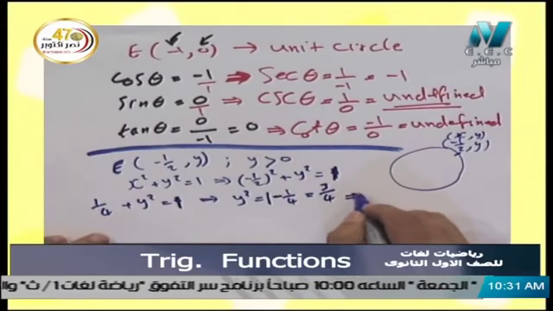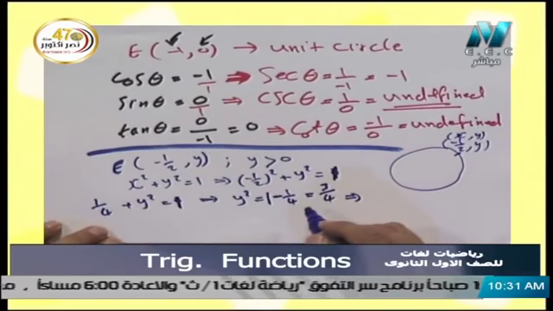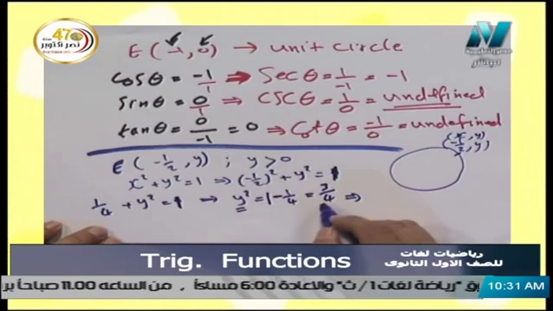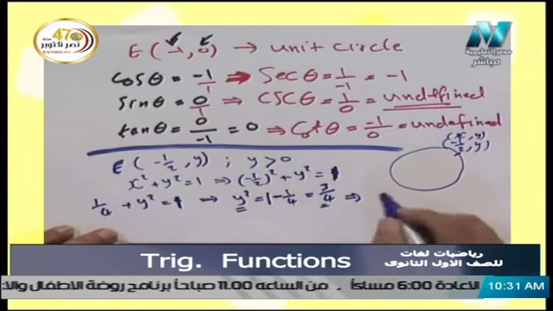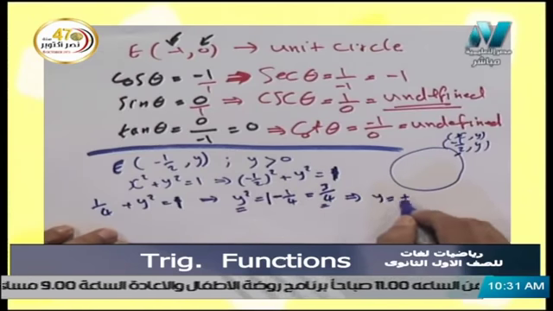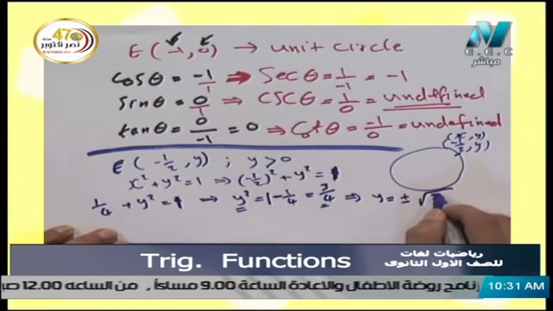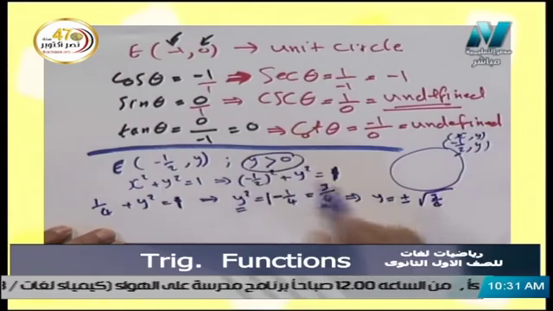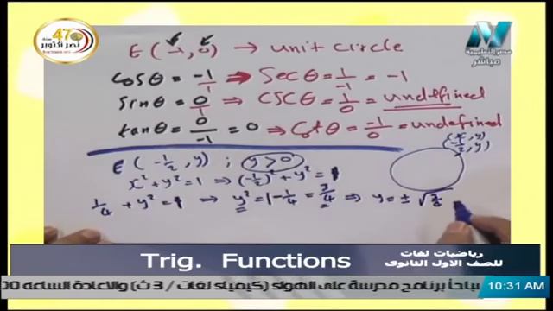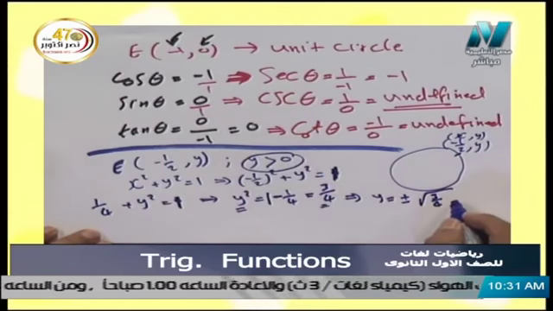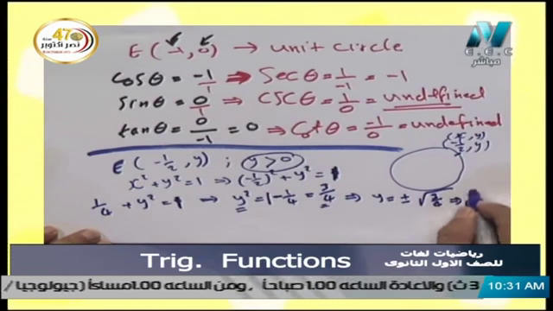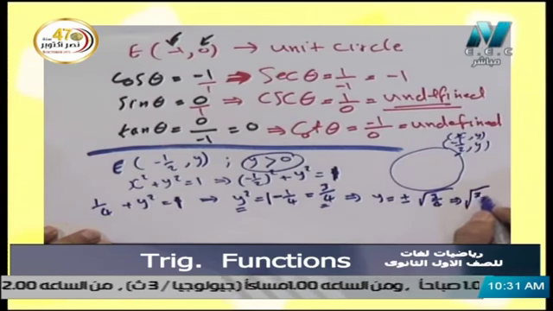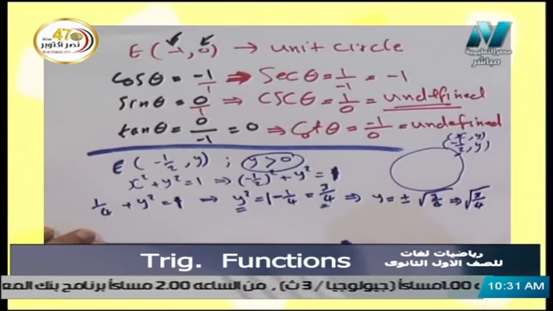And if we take the square root of the two sides, y equals positive or negative square root of 3 over 4, and we have a condition that y is greater than 0, so y here will be positive.